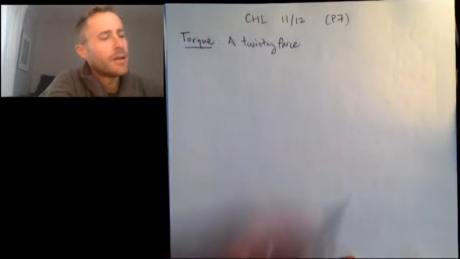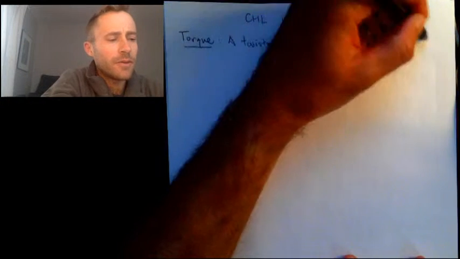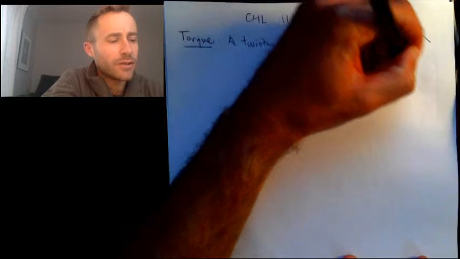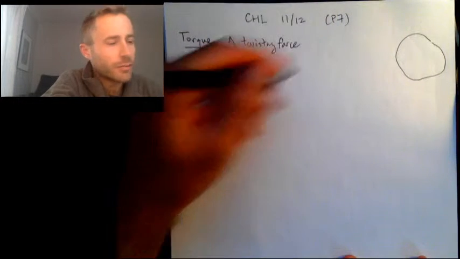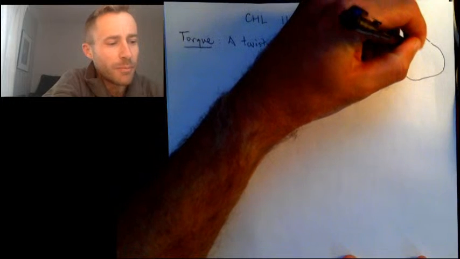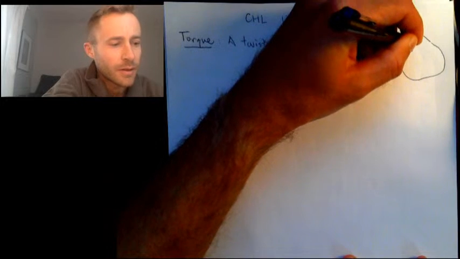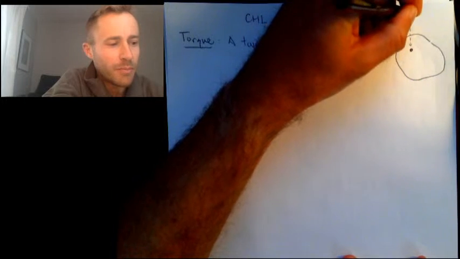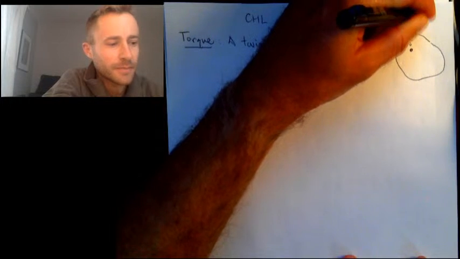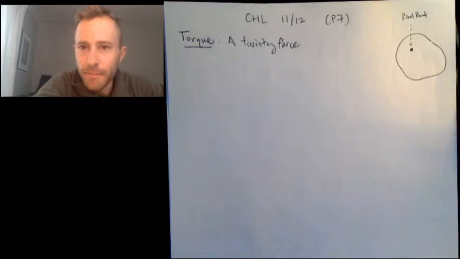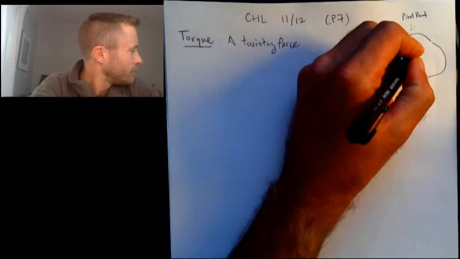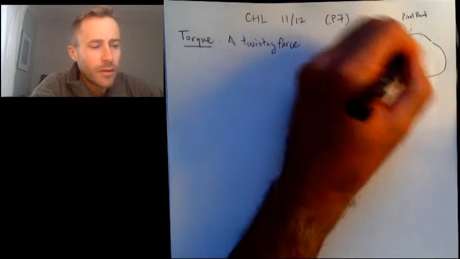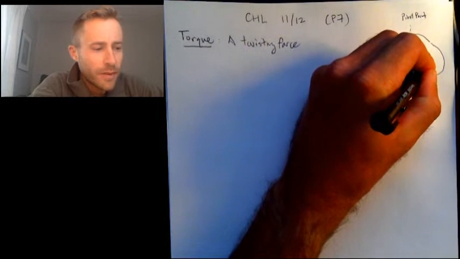Okay, so what we want to have in our heads is imagine a blob, and this blob has a pivot point. And there's a force acting somewhere.